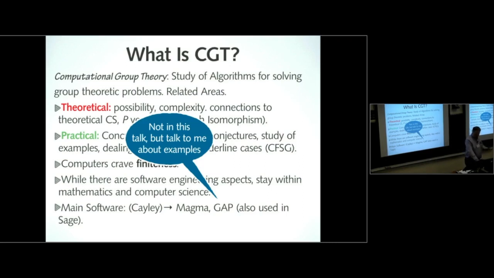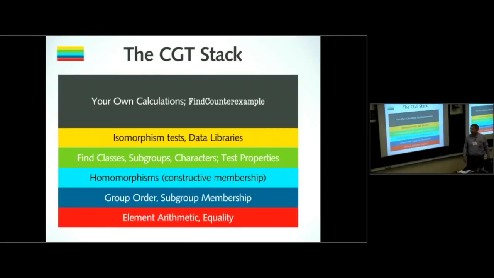Right, so let's look at what computational group theory does from 15,000 feet. The basic stack of routines we have, on the very bottom, element arithmetic and testing equality. That's almost not computational group theory, right?